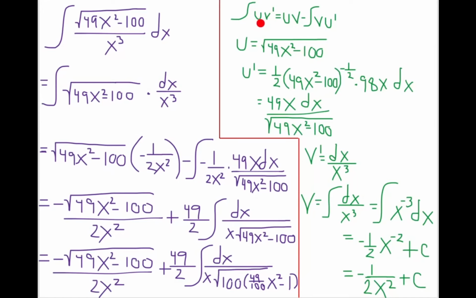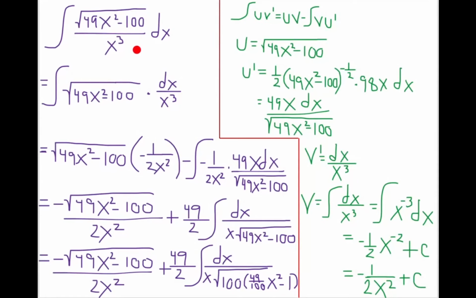Those are your two factors that each have at least a power of x in them, and it is equal to u v minus the integral of v u prime. So here we have our integration by parts formula, just as a reminder. These two factors, u and v prime, will be under the integrand right here.